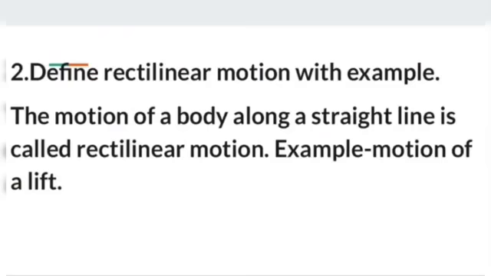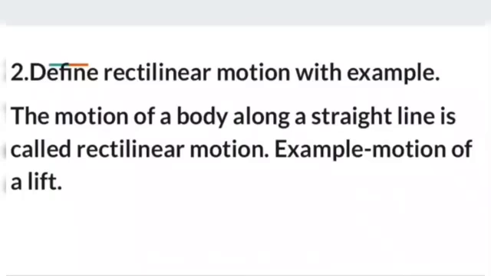Question number 2. Define rectilinear motion with example. Answer is, the motion of a body along a straight line is called rectilinear motion. For example, motion of a lift.